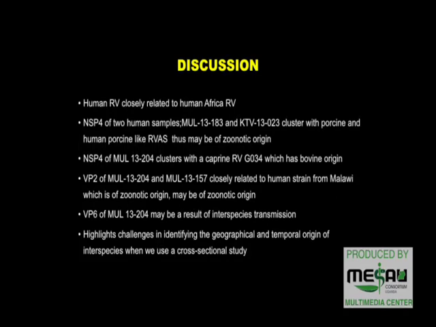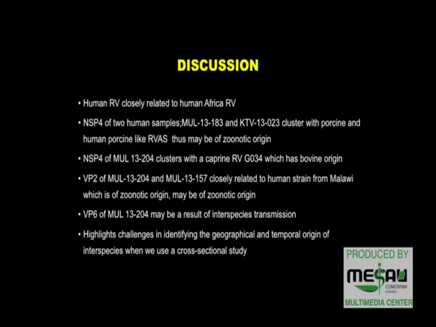And also the VP157 was also closely related to human strains from Malawi, which is of zoonotic origin. So also this VP2 from these 2 samples may be of zoonotic origin. Also this VP6, as I showed you, was closely related to the goat strain, so it may also be a result of interspecies transmission.